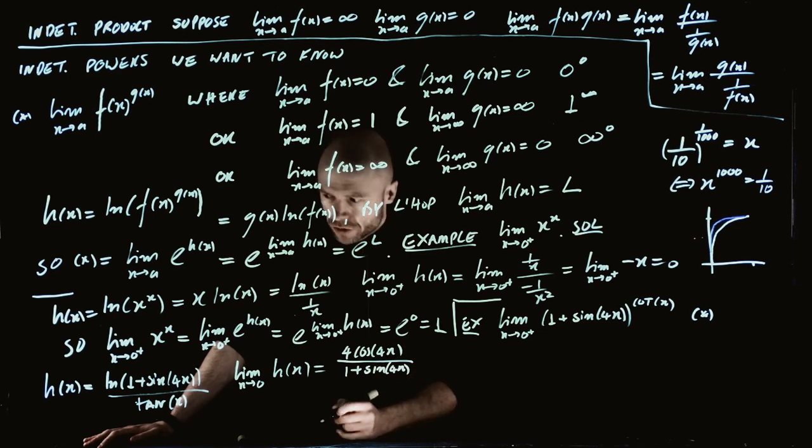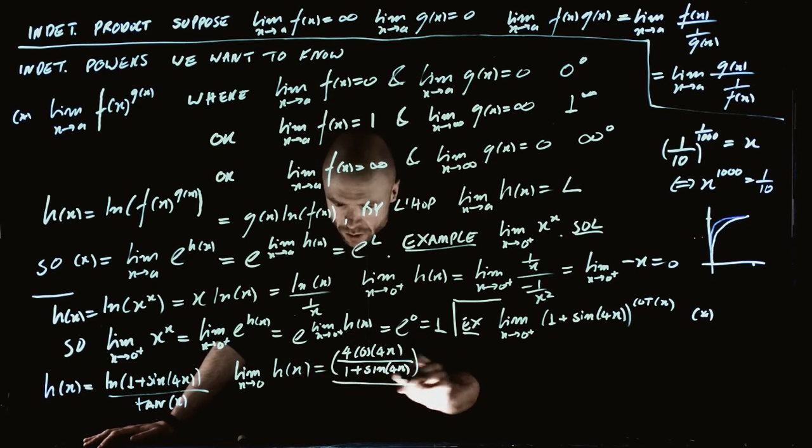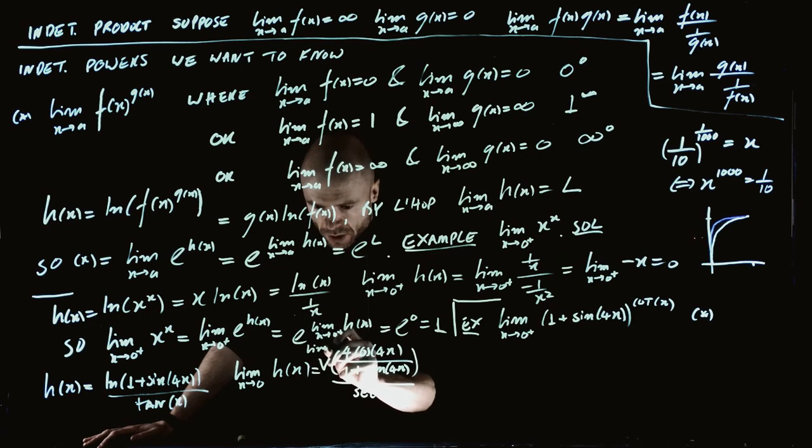And the outer function is log, whose derivative is 1 over x. So that's differentiating the top. And this is over tan. When we differentiate it, it's going to be sec squared. Oops, and I forgot the limit signs, which is an error I make a lot. Limit as x tends to 0 plus.